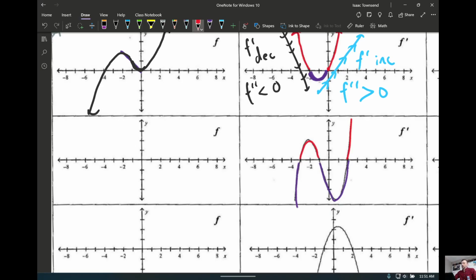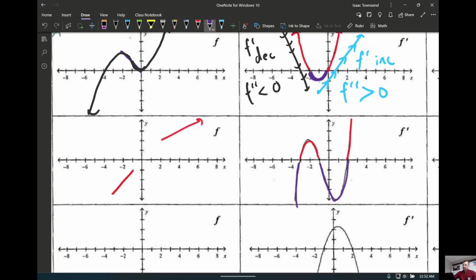So when the first derivative is positive, my graph should be increasing. So it should be increasing from 2 to infinity and from -3 to -1. Once again, I don't know the y value it's starting at. I don't know the y value it's ending at. I'm never going to have that much information. But I know it's going up during those times.